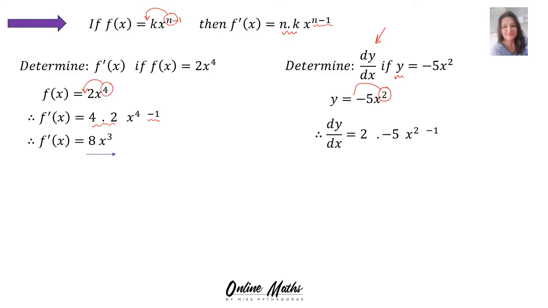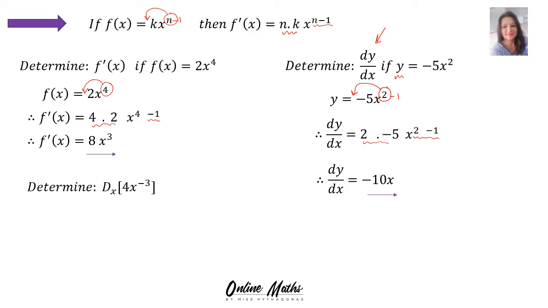It goes to the front. It finds minus 5 and it multiplies with the minus 5. You go back to the exponent and you subtract 1. Therefore, the derivative there is equal to 2 times minus 5 is negative 10, and on the exponent 2 minus 1 is 1. Therefore, the derivative is minus 10x.